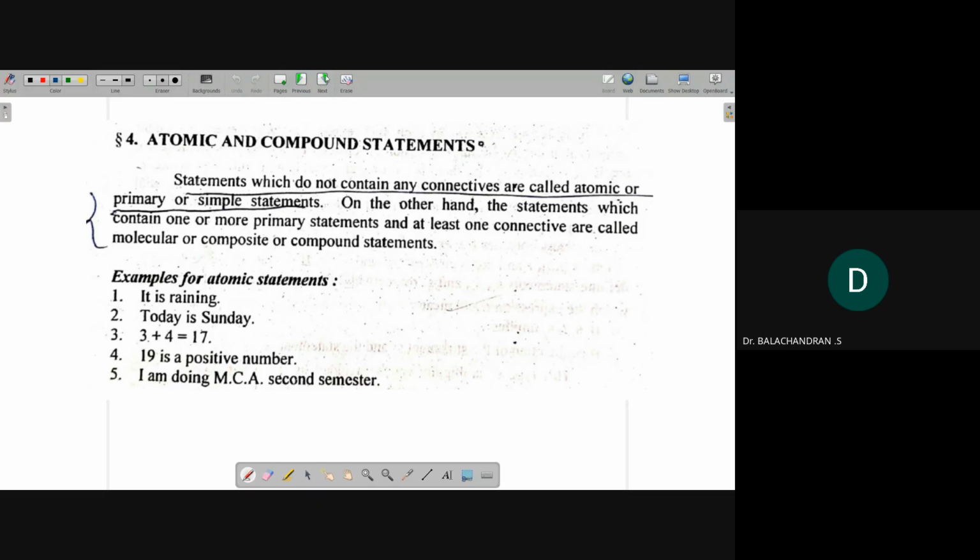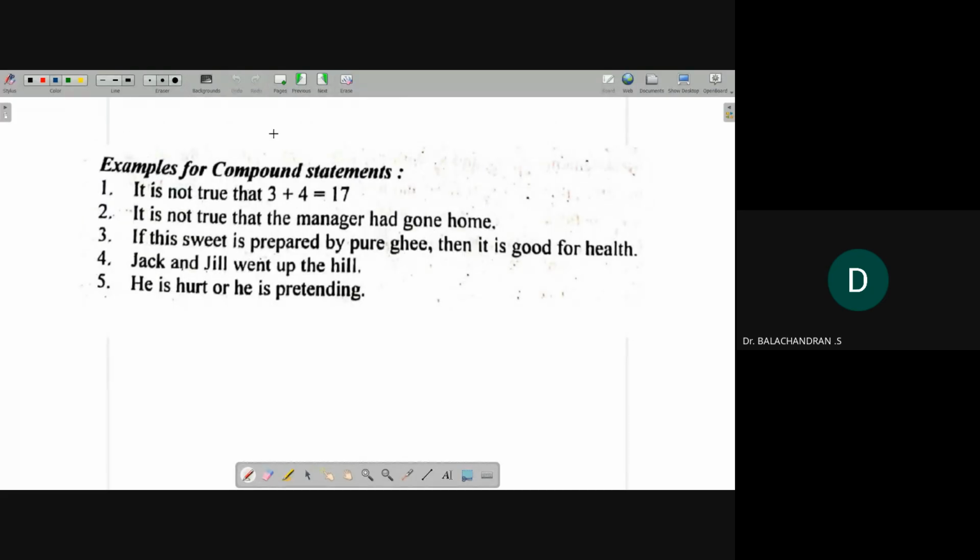If you go to the next slide, for compound statements: it is not true that 3 plus 4 equals 17. Here not is negation, a connective.